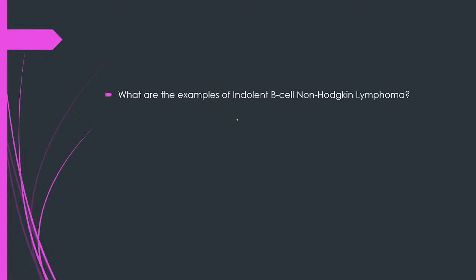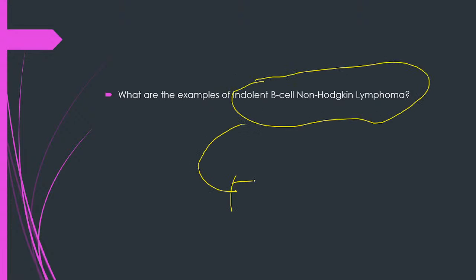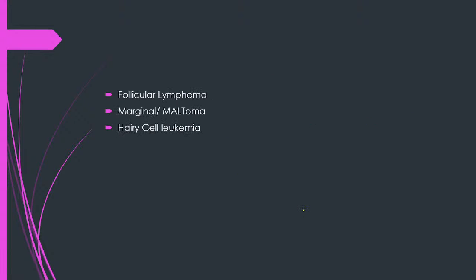The indolent type is more chill because it's located in one part of the lymphoid organs. Your lymphoid organs have the follicular area and the marginal areas, and the marginal areas are in between the follicular areas. So you can remember that there is follicular lymphoma and marginal zone MALToma.